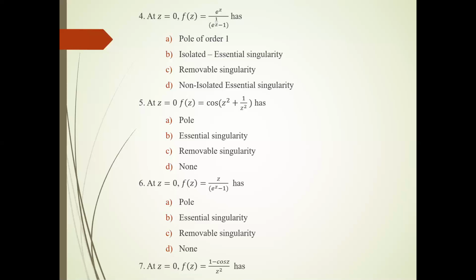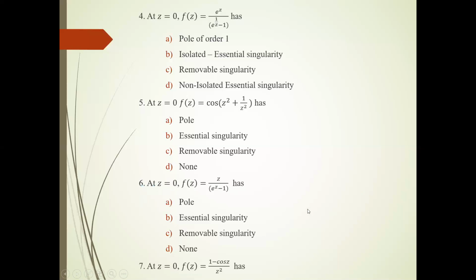We arrived at the limit of f(z) as z tends to 0 being 1, which exists finitely. So this function has a removable singularity at z = 0, because the limit exists by applying L'Hospital rule 2 times. So the function f(z) = z upon e raised to z minus 1 at z = 0 is a removable singularity.